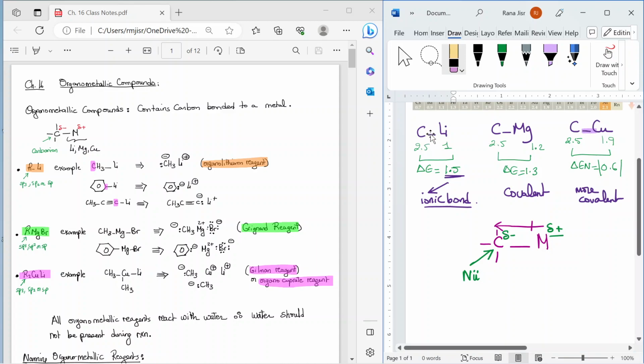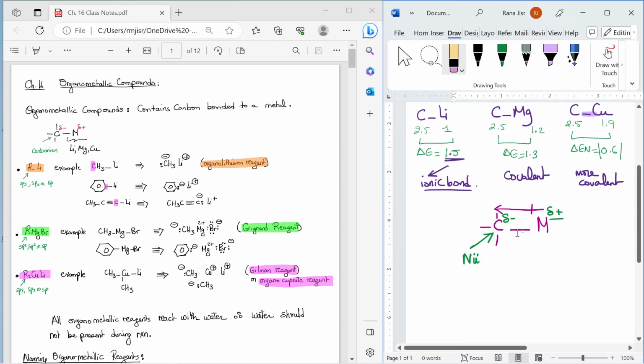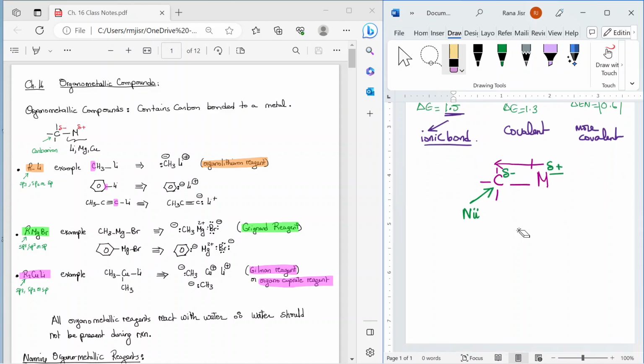So we said that this bond is an ionic bond and these two bonds are covalent bonds. For simplicity, we are going to take out this covalent bond and represent all carbons in the form of a negative charge, not partial negative, negative charge. So whenever you're representing any organometallic compound, take this bond out and represent the carbon in the form of a carbanion.